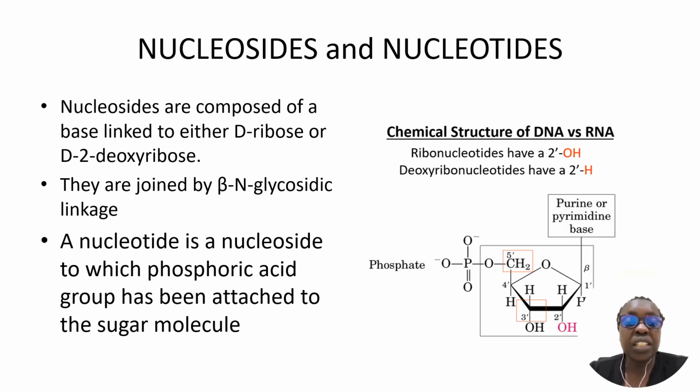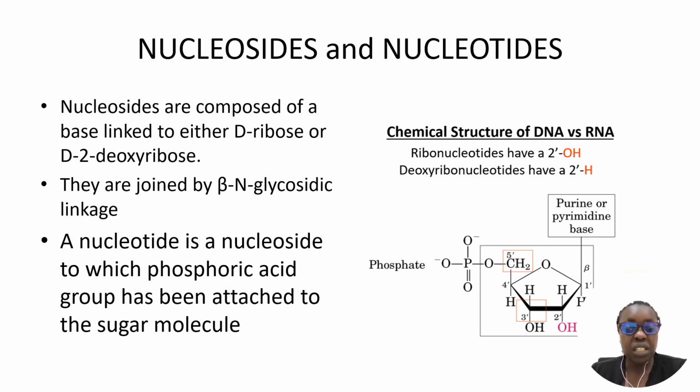Then here is an interesting slide which shows us nucleosides and nucleotides. Nucleotides are the ones we have said are the monomers of nucleic acids, and we have mentioned they have a purine or pyrimidine base, a ribose sugar, and a phosphate. But nucleosides lack the phosphate group, meaning they are only made of the purine or the pyrimidine base and the sugar.